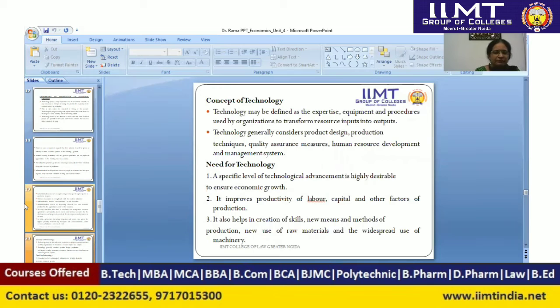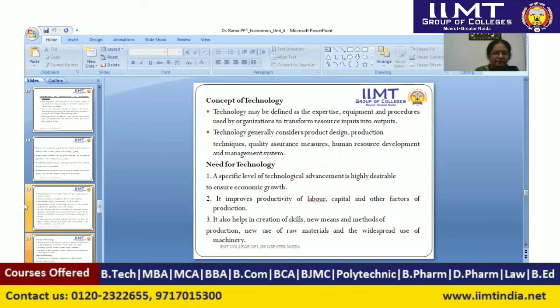Concept of technology. Technology may be defined as the expertise, equipment, and procedures used by organizations to transform resource input into output. Technology generally considers product design, production techniques, quality assurance measures, human resource development, and management systems.